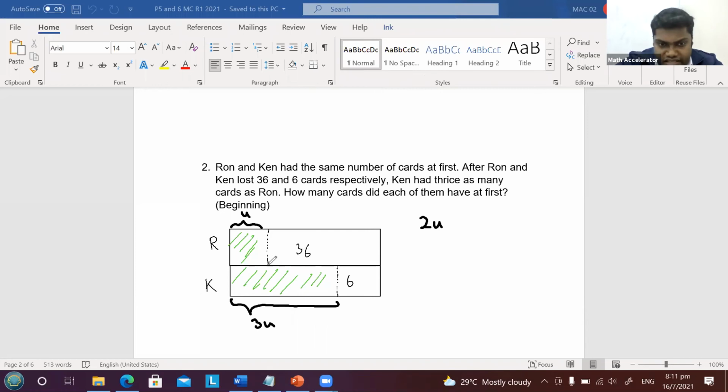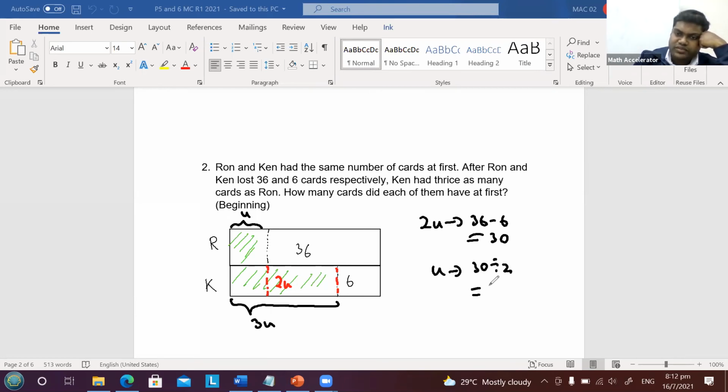If you dissect this portion here till this portion here, it is 2 units. It is also 36 minus 6. So therefore, 2 units is 36 minus 6, which equals 30. So 2 units equals 30, right? Therefore, 1 unit is 30 divided by 2, and that will get you 15.